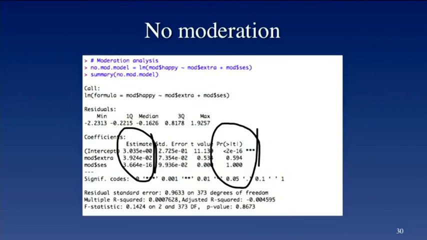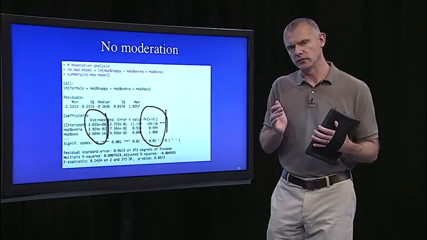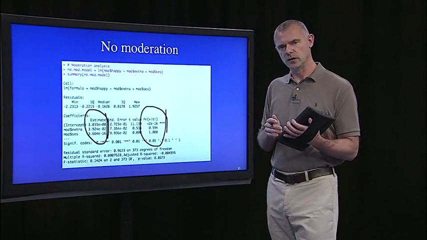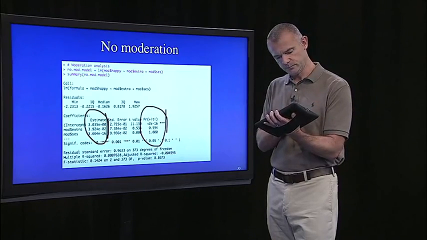So now we don't see the positive relationship that we saw before between extroversion and happiness, because I added in SES and I added in a lot of low SES subjects, where, as you saw in lecture 11, the low SES subjects have a negative relationship between extroversion and happiness.